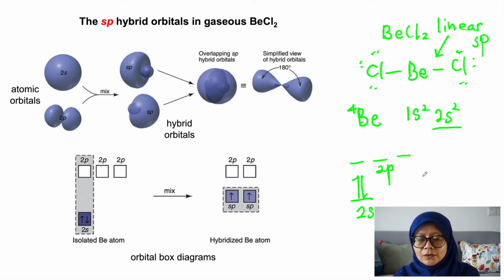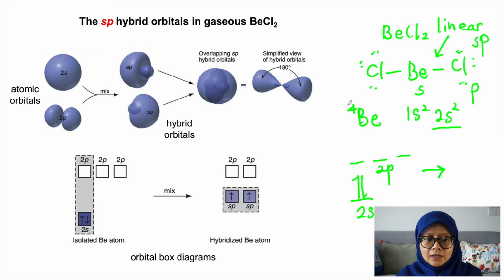This is the s orbital, while the p orbital is located in group 17, so it will have the p orbital.